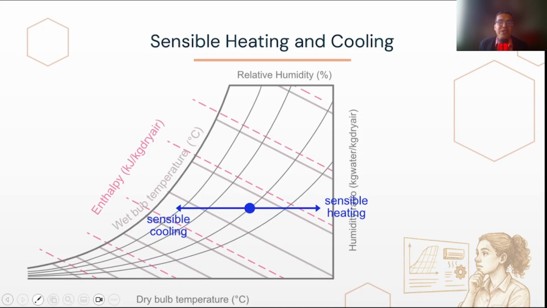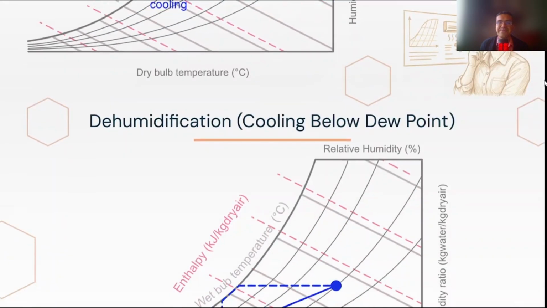A cooling coil reduces the air temperature before it enters the space, but stays above the dew point, so no condensation occurs, just a drop in temperature. These processes are foundational to HVAC control strategies and play a key role in energy load calculations.